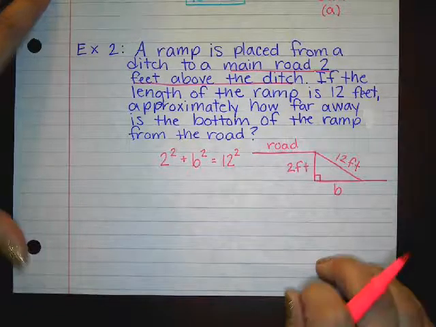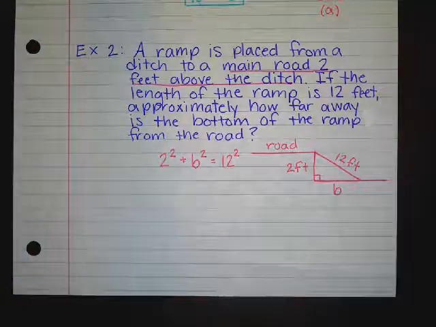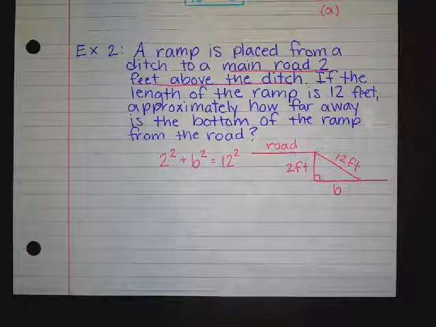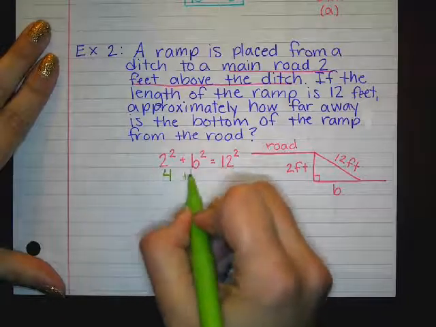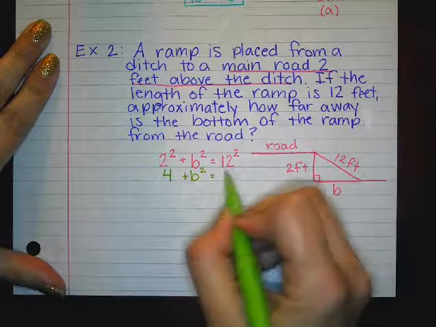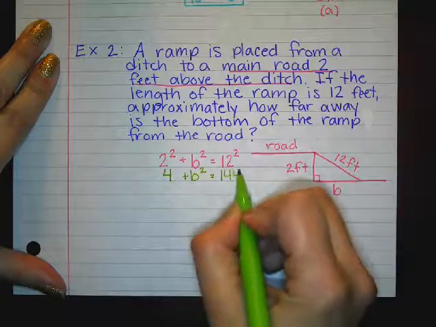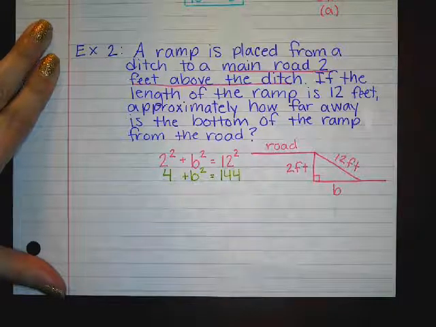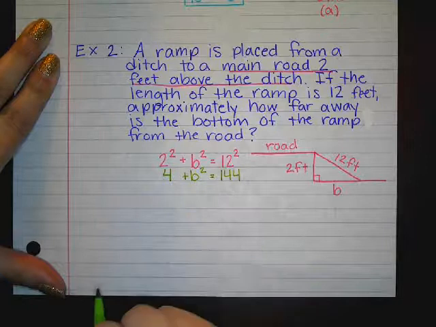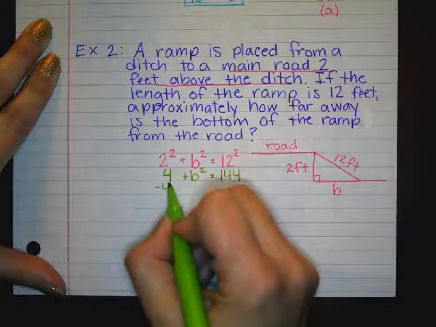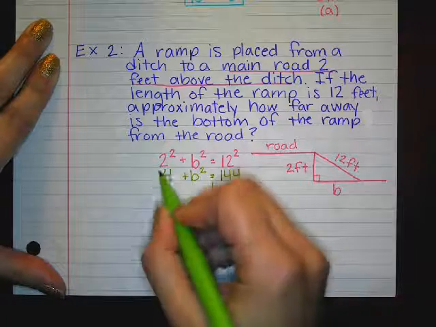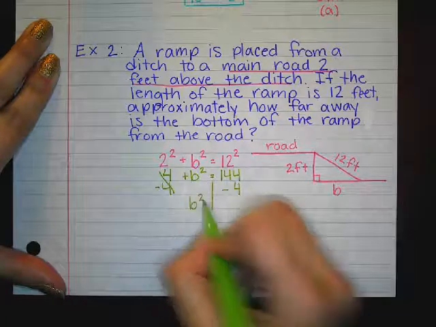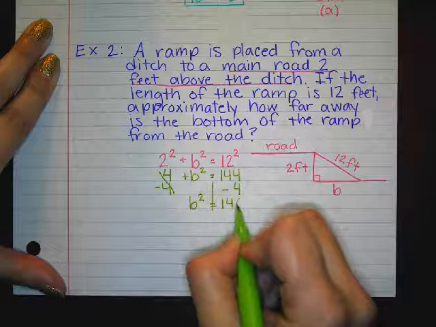So now we can start simplifying that. 2 squared is 2 times 2, which is 4, plus b squared equals 12 squared, which is 144. So now we have a two-step equation that we can start solving. So we're going to go ahead and subtract 4 from both sides. B squared is equal to 140.